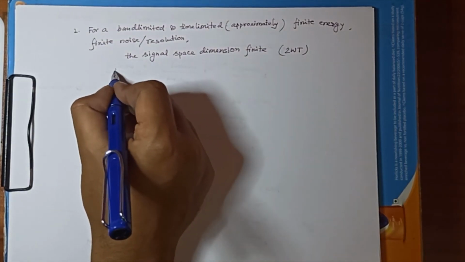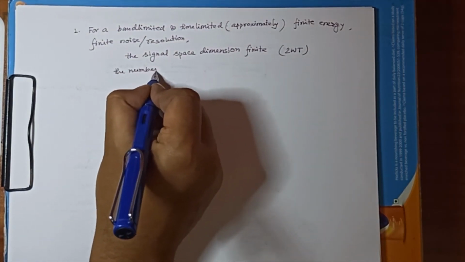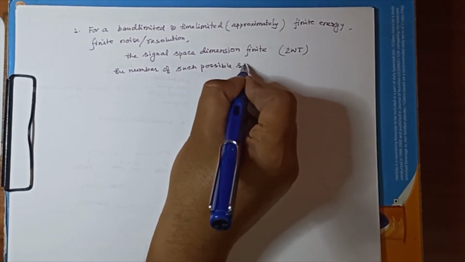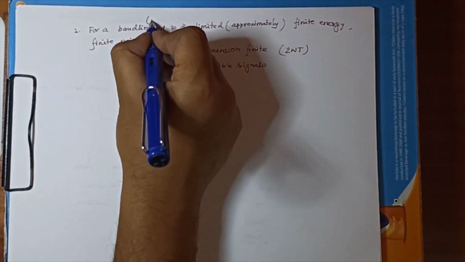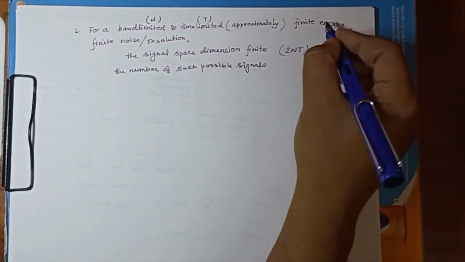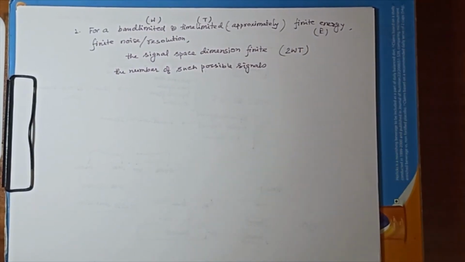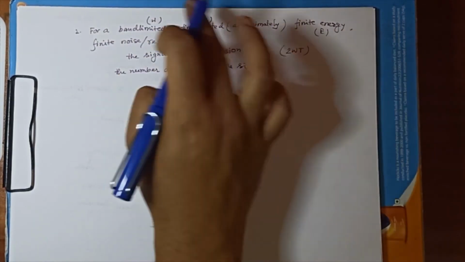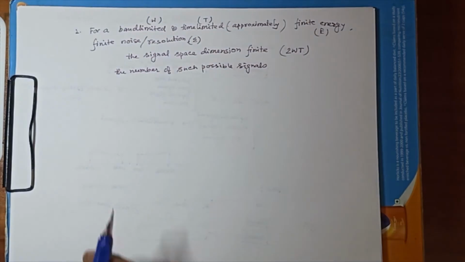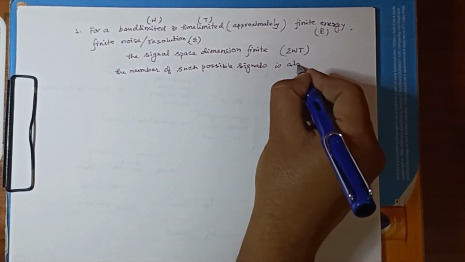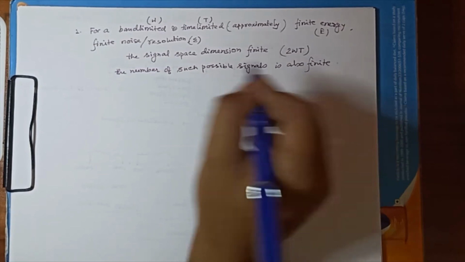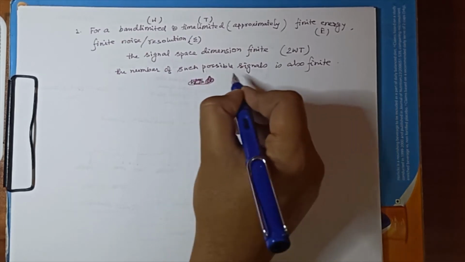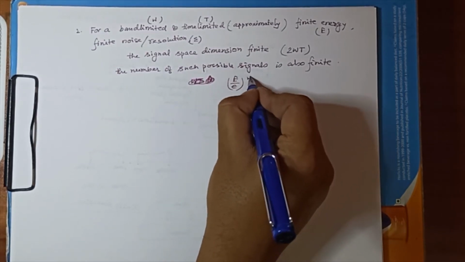Not only that, the number of possible signals, with bandwidth W and time width T, and suppose finite energy, say the energy is E and the resolution is epsilon. Then satisfying all these 4 criteria, the number of such possible signals is also finite, and we will prove that that number will be, actually not WT log, but (E/epsilon) to the power WT.